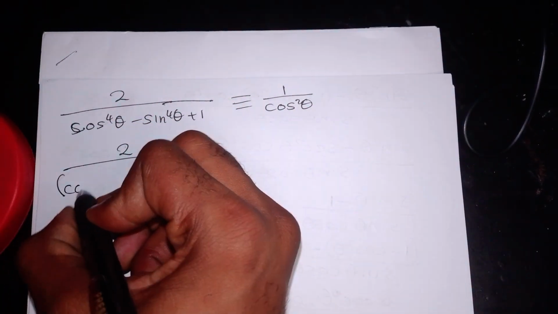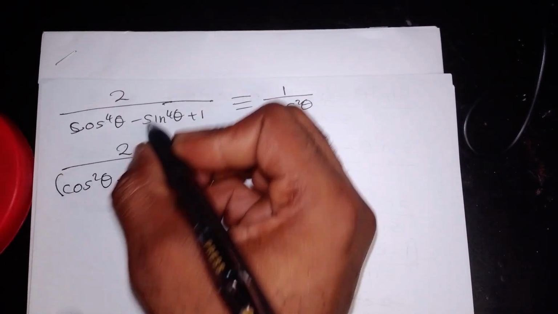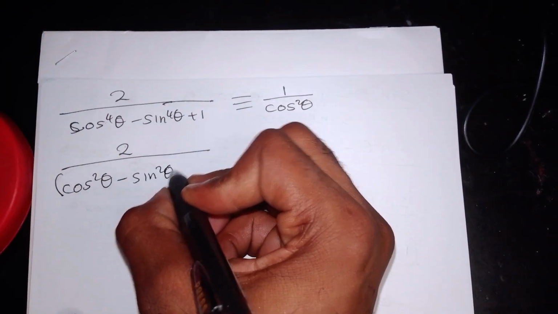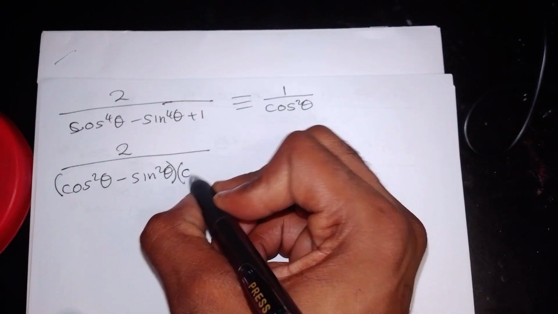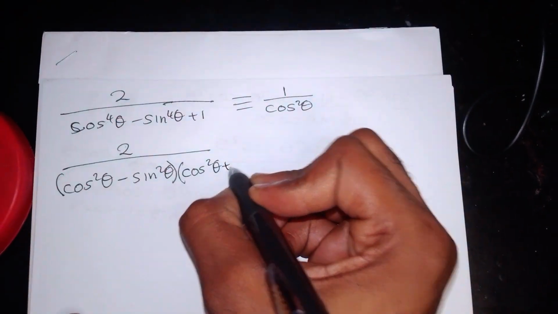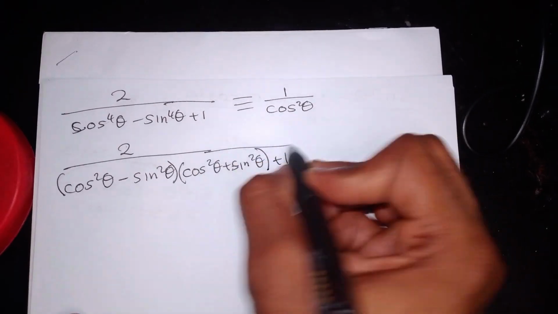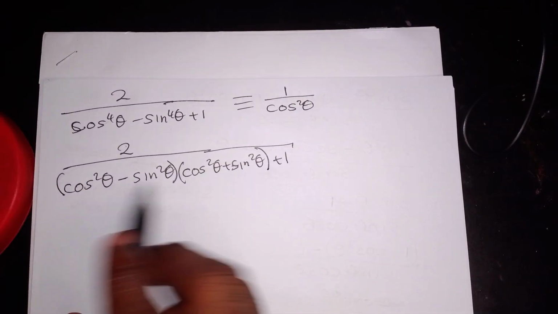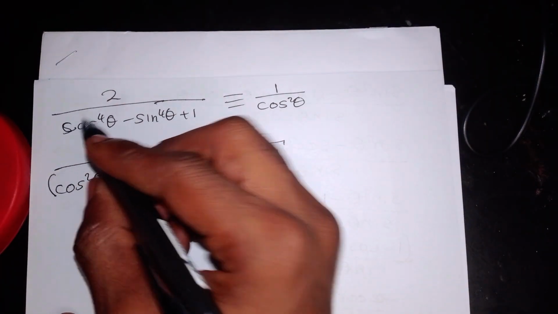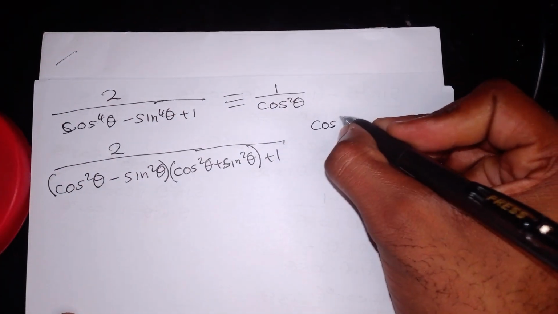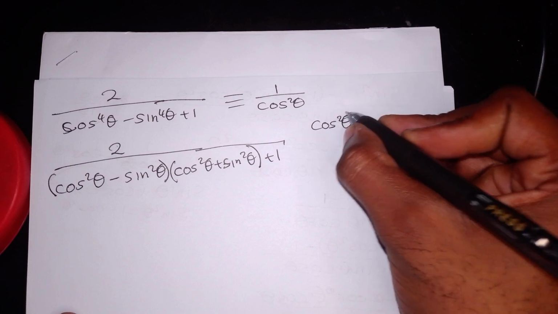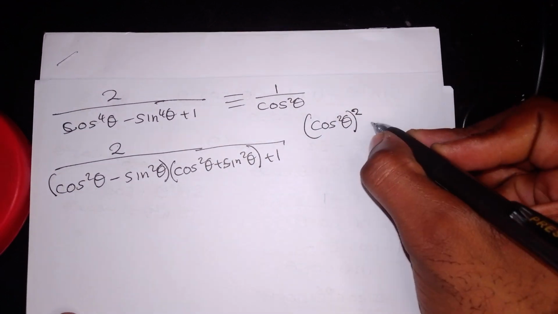So this one will be cos squared theta minus sine squared theta multiplied by cos squared theta plus sine squared theta, and then plus 1. In case you didn't understand what I have just done here, this cos to the 4 theta is like cos squared theta, and then you square it like that.